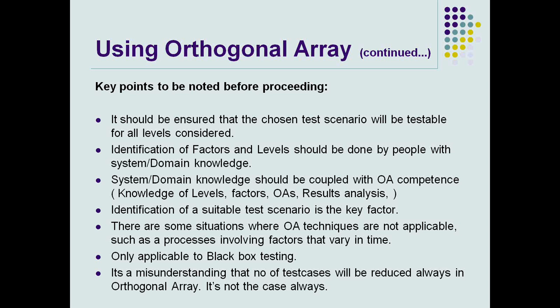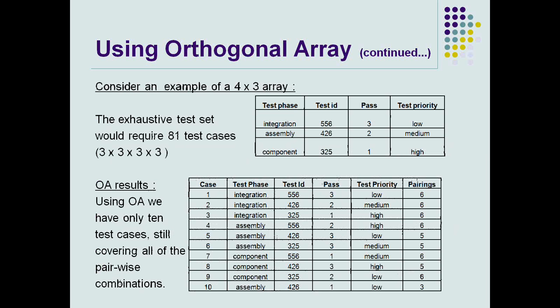And there's one misunderstanding with this approach, that it helps in reducing the number of test cases, but this is not always the case. It depends upon the number of factors that you are using and the number of levels. So we'll have a brief understanding of this in the coming slides. I'll just take you to an example.